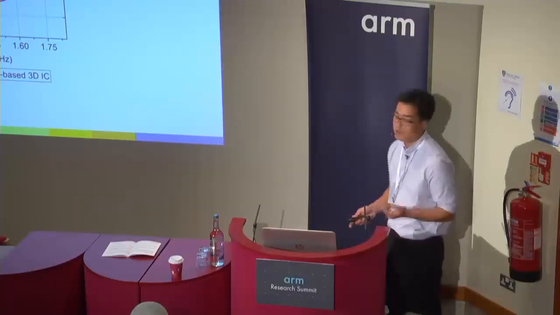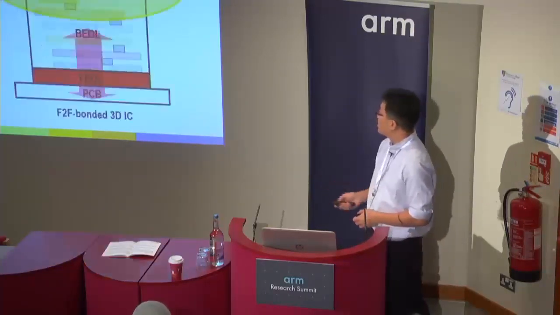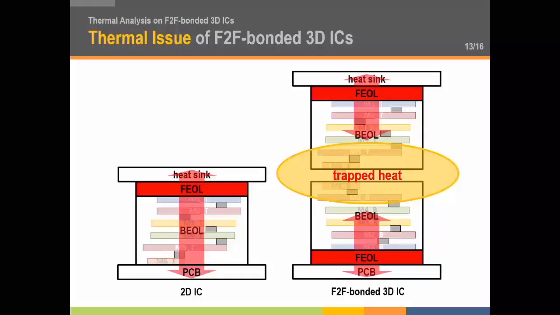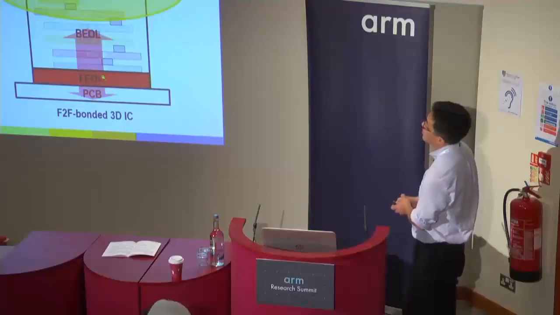The reason is quite obvious. In the 2D design, the heat generated from the active layer of the design goes to the heat sink and the PCB. But in the F2F bonded 3D IC, heat is generated in the top tier as well as the bottom tier. The heat generated from the top tier can go through the heat sink, whereas the heat generated from the bottom tier can go through the PCB.